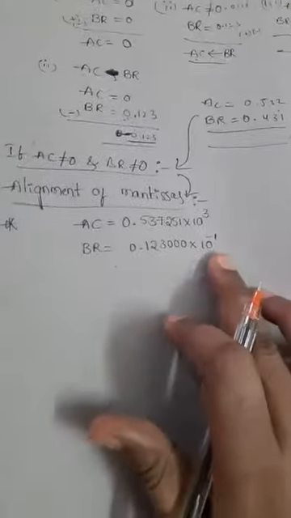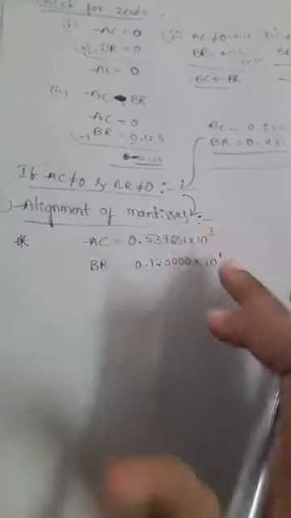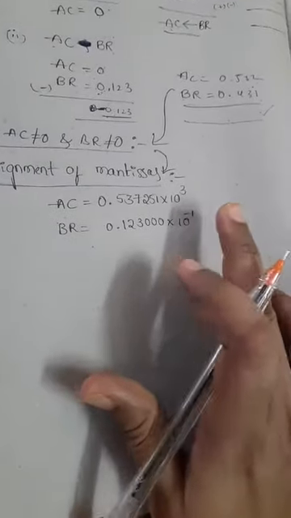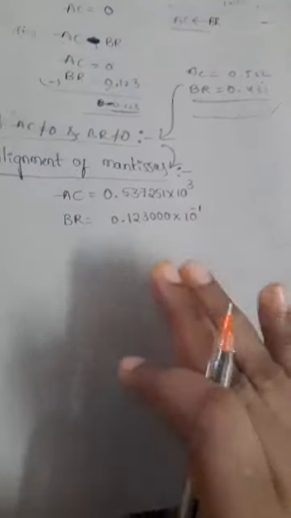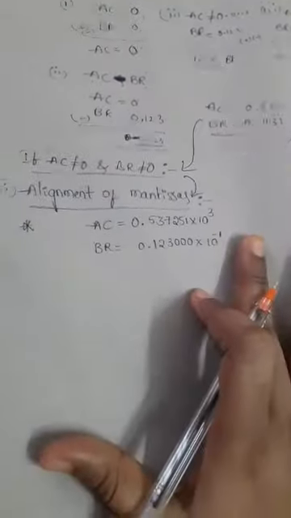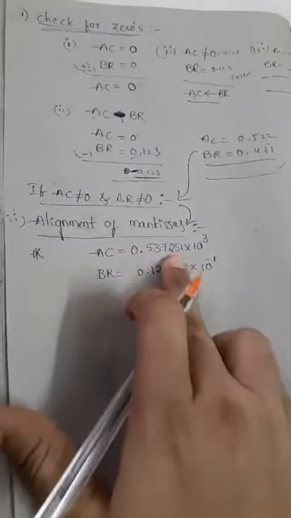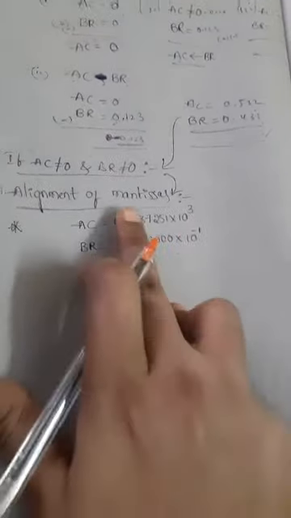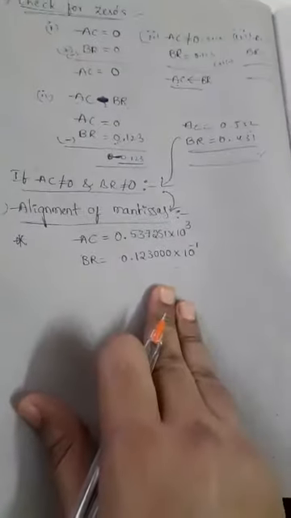Now we have to perform the addition and subtraction operations between these two numbers. Before that, we have to check for zeros first. Here AC is not equal to 0 and BR is also not equal to 0, so we have to align the mantissas.